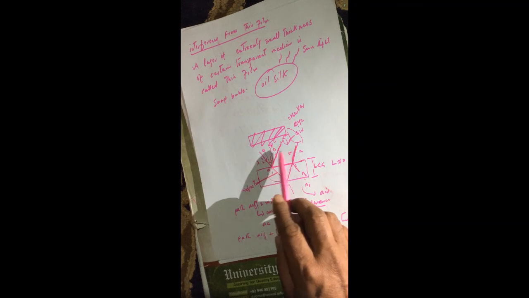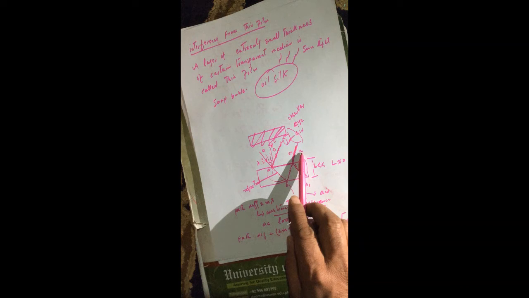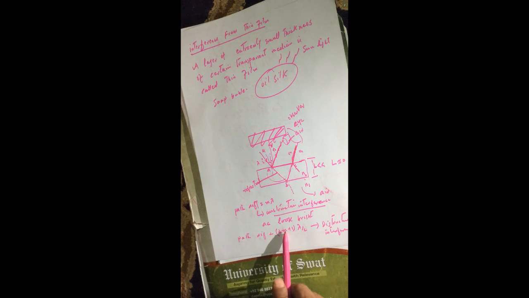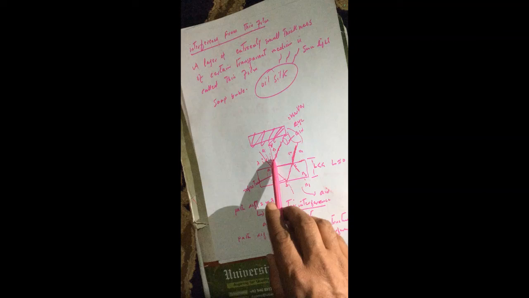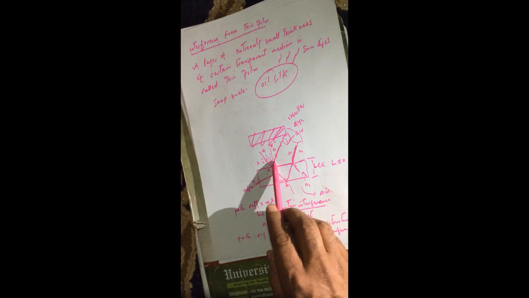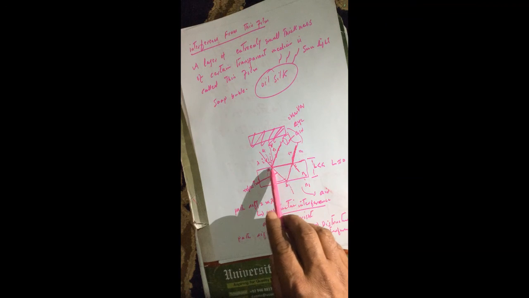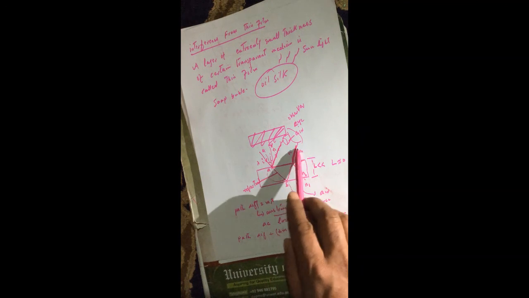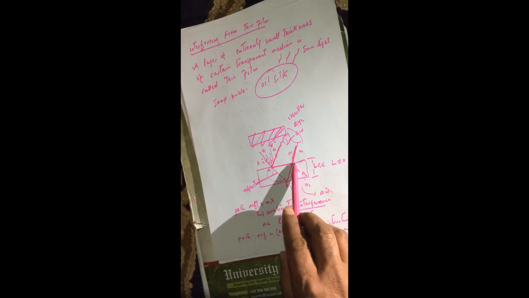If the path difference between these two rays R1 and R2 is an odd multiple of lambda by 2, then these two rays interfere destructively, and the part of the film which is illuminated by the sunlight looks dark. So this is all about interference from thin film.